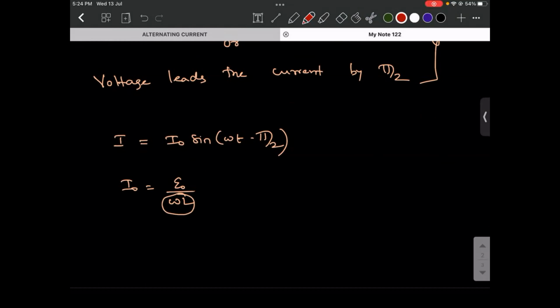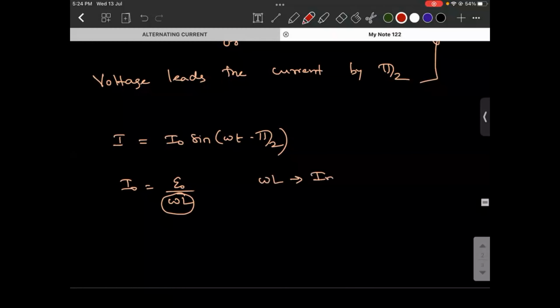If you revisit capacitor, you will get an idea. It's not resistance. There it is capacitive reactance. Here this omega L is called inductive reactance, and it is given by the symbol XL.